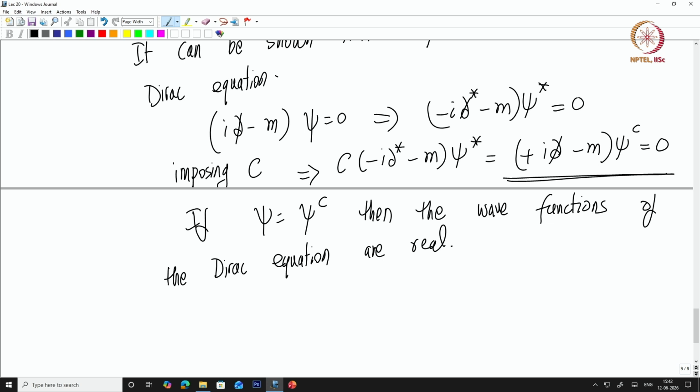We will see the physical significance of it in one or two minutes essentially. This is the main thing: ψ equal to ψ^c will imply a condition.